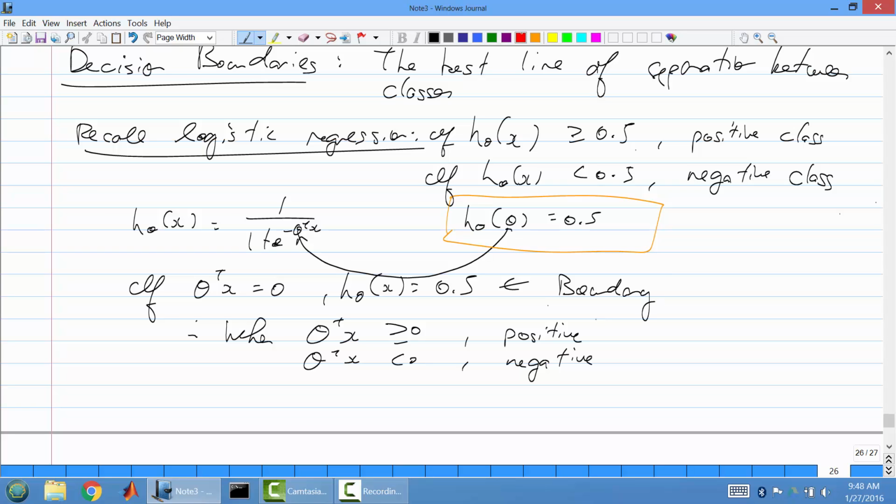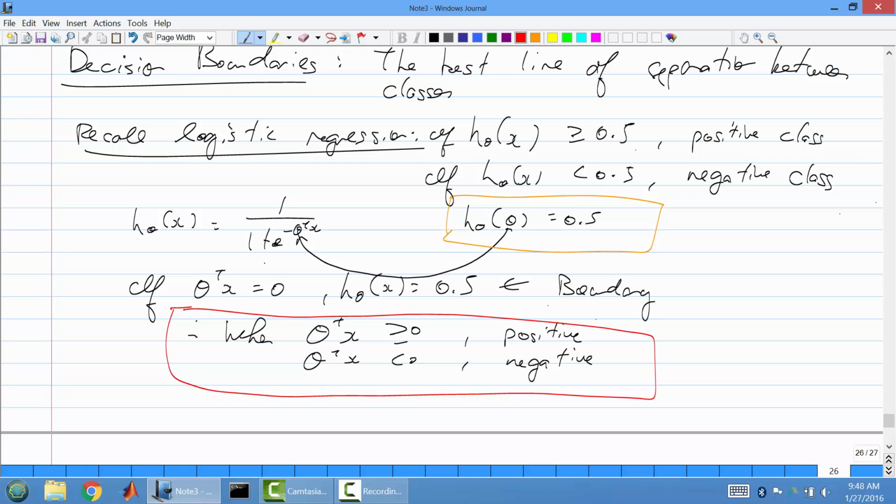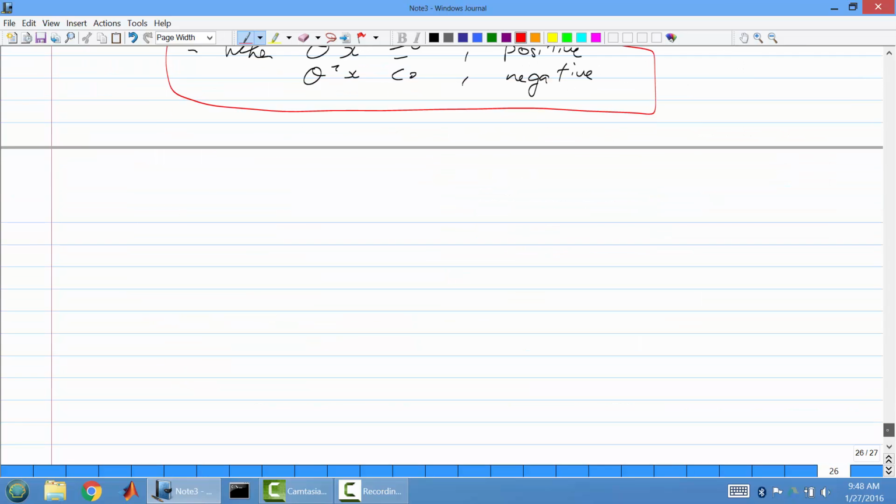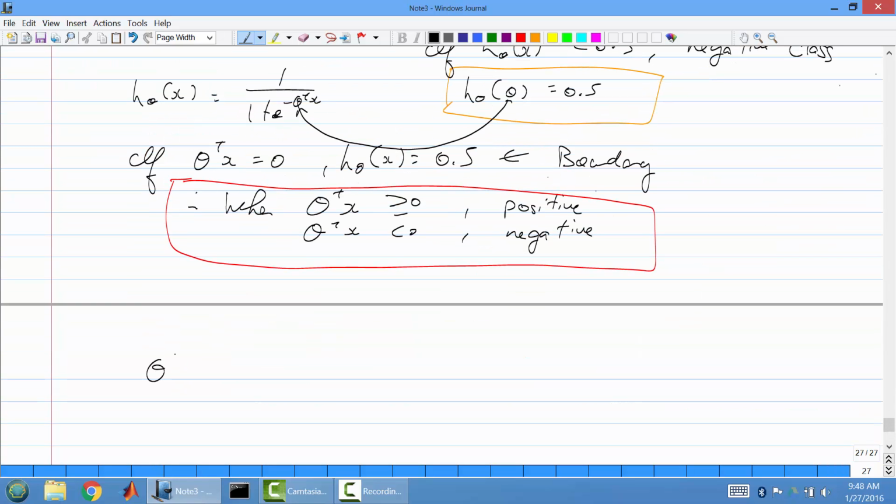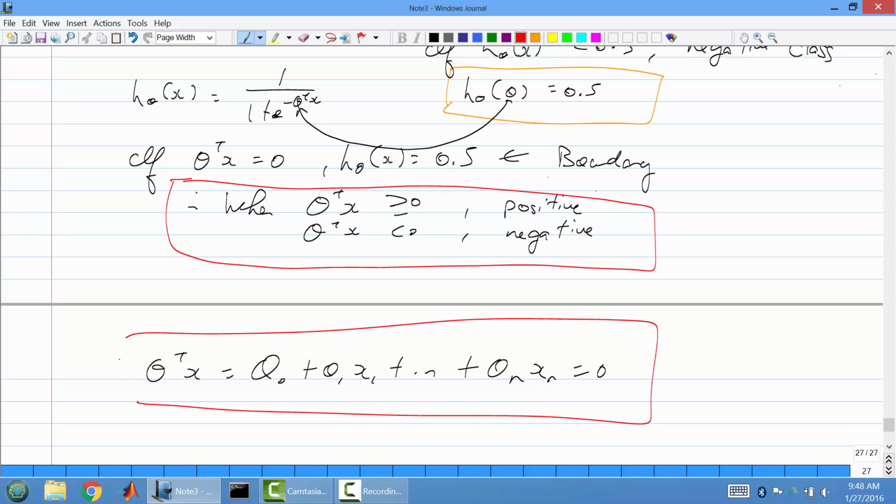Okay, another thing we can say is that this weighted sum, if it's bigger than or equal to 0, then it's positive, and if it's less than 0, it's negative. So this term here, theta transpose x, is what's known as the decision boundary.